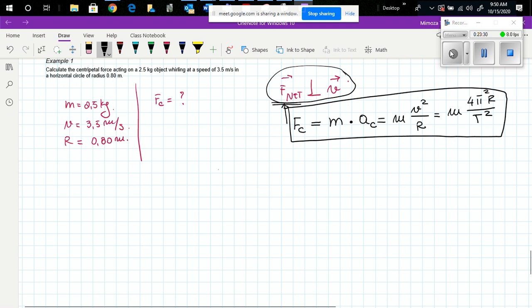As soon as this is happening, the centripetal force takes the identity of the net force. And then this net force becomes, based on Newton's second law, mass times centripetal acceleration. And then based on the formulas that we generated above, we can say that the centripetal force is mass times velocity squared over r, or mass times 4 pi squared r over t squared.